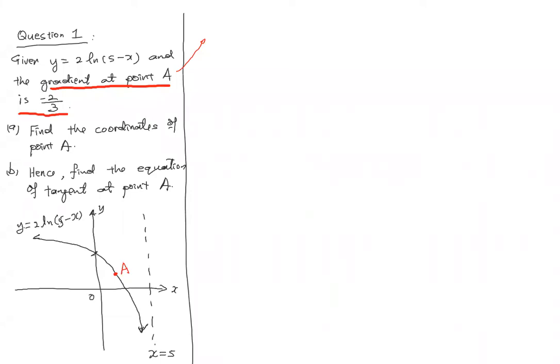How do you put it in a mathematical equation? Because in maths, you must be able to translate the information into a mathematical equation, then only you can solve. Agree with me? Yes. So how to put this information? Gradient at point A is negative 2/3.